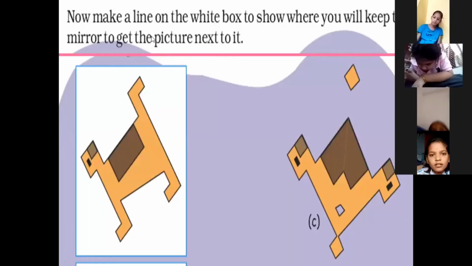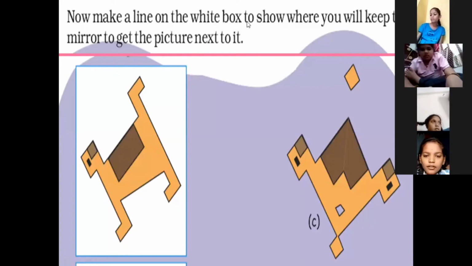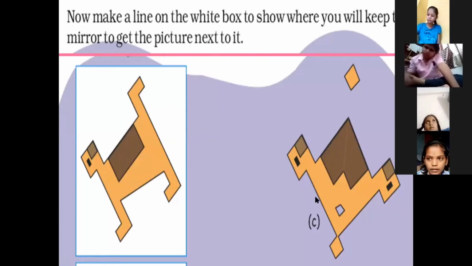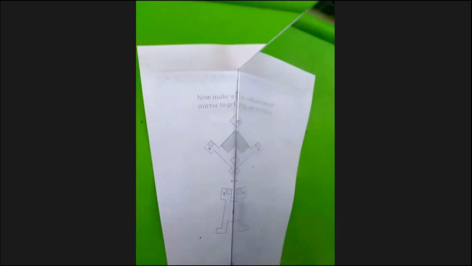Okay. Now make a line on the white box to show where you will keep the mirror to get the picture next to it. So now we need to get picture C. To get this picture, where do we have to keep the mirror? In the middle line. See here, is it the same?